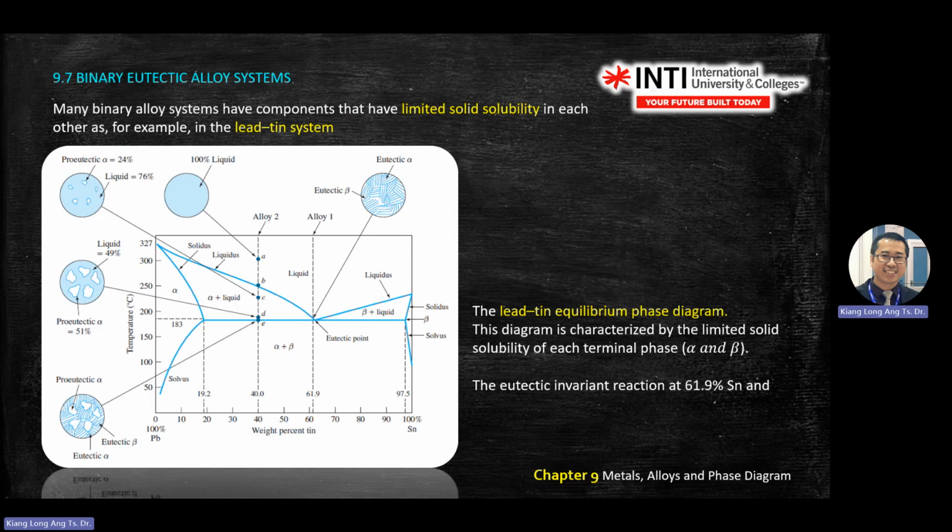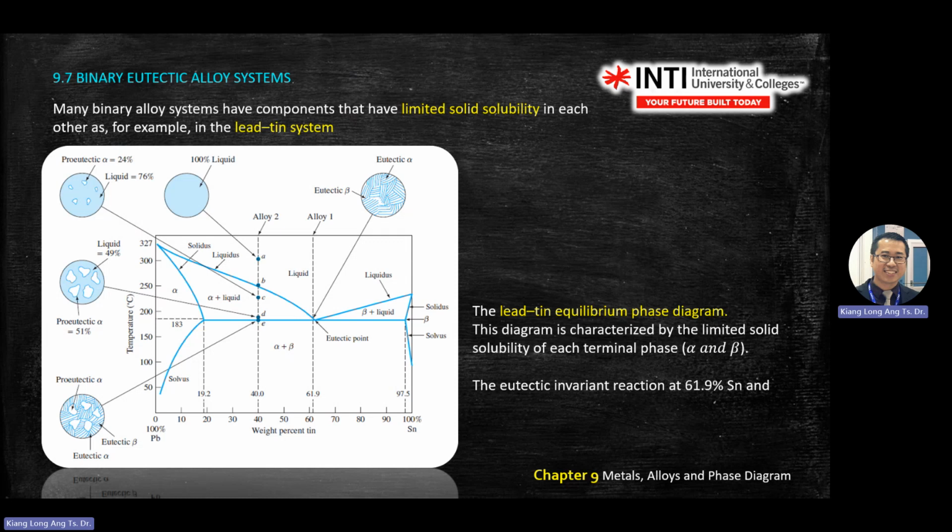So the first step of finding eutectic: it means two solids. Most of the time they are alpha and beta. Sometimes it's alpha and gamma or gamma and beta. Sometimes it depends. Then you find the intersection point of alpha and beta.